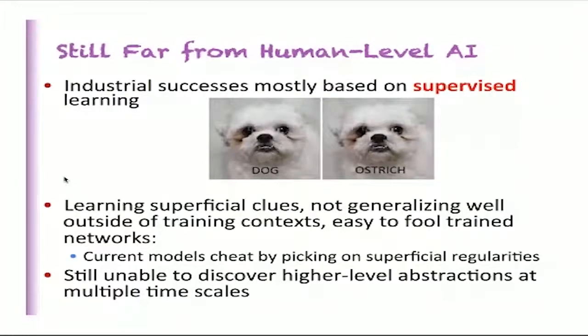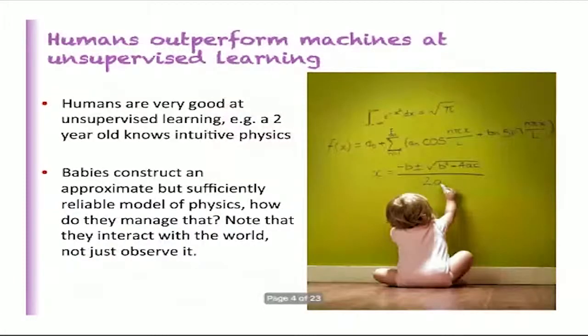For example, in the image, you see the image of a dog, but by changing the pixels ever so slightly, we can make the classifier, the neural net, say that it's an ostrich. So I believe that we still have a long way to go to allow computers to discover autonomously the high-level abstractions that explain the world around us. And unsupervised learning is crucial for this.